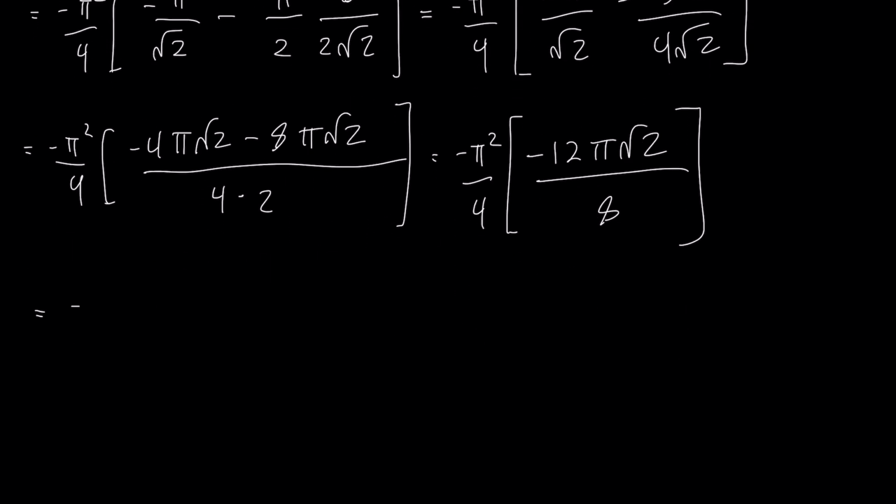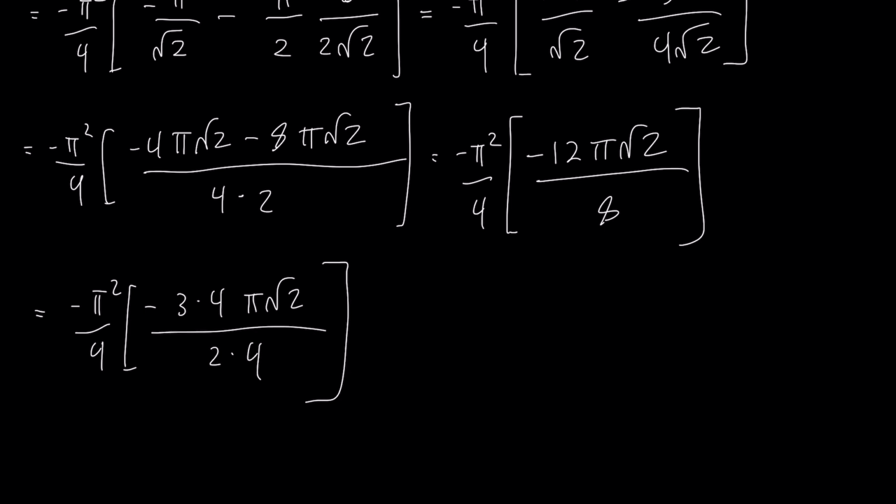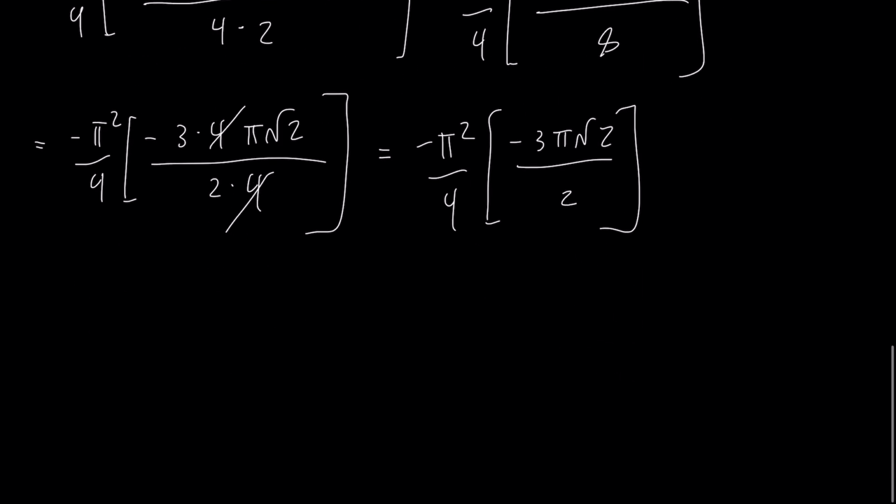And we could write this as minus pi squared over 4. 12 is the same thing as negative 3 times 4 pi root 2, and 8 is 2 times 4. So the 4's cancel, and we're left with minus pi squared over 4 negative 3 pi root 2 over 2, which simplifies to 3.